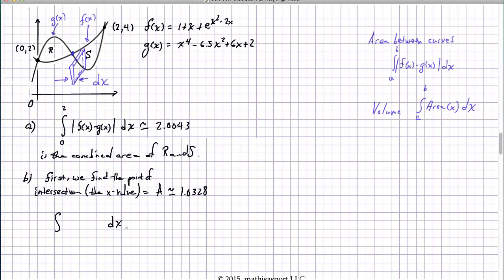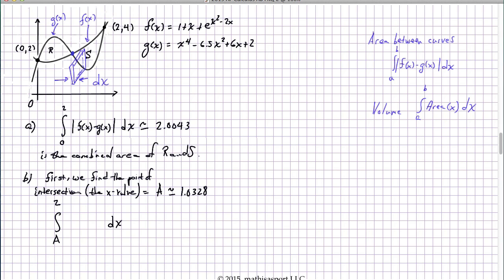That's far more common, but they could have asked us to handle cross sections perpendicular to the y, in which case we would have had to do the integral with respect to y. But now that we see the thickness is dx, we know that's what we're integrating with respect to. We're going to go from a up to 2.